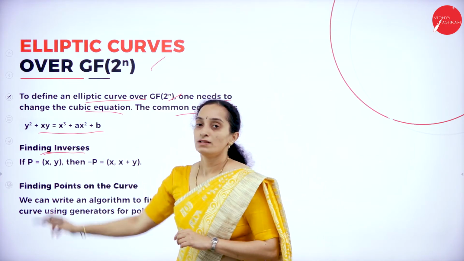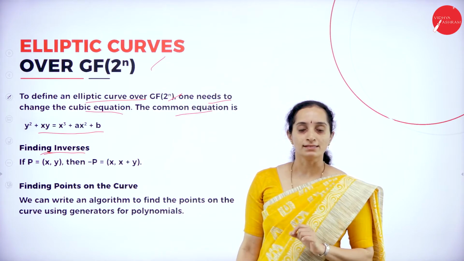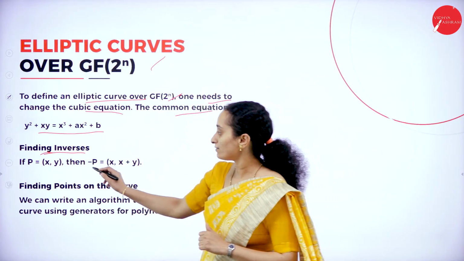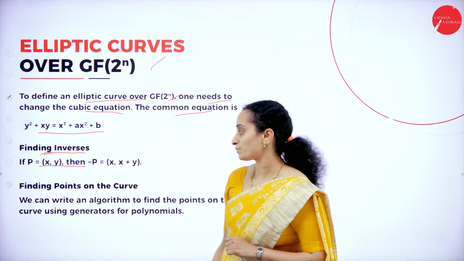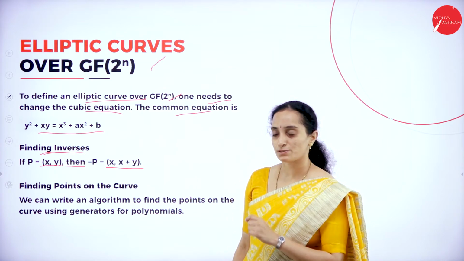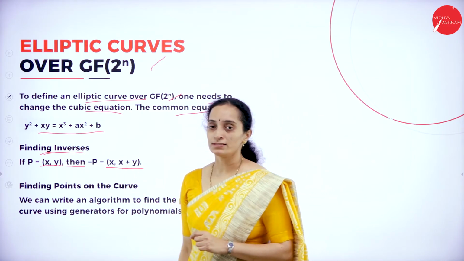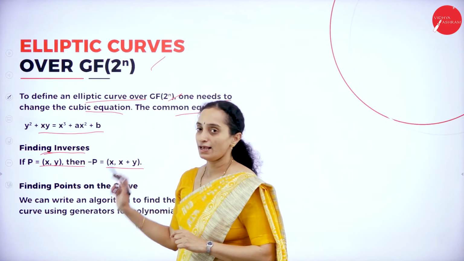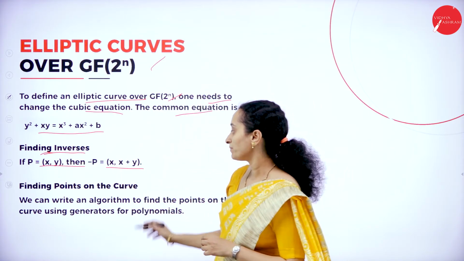Then we have to find the inverse: if P equals (x, y), then minus P equals (x, x plus y). So the additive inverse for the point (x, y) over P is (x, x plus y).